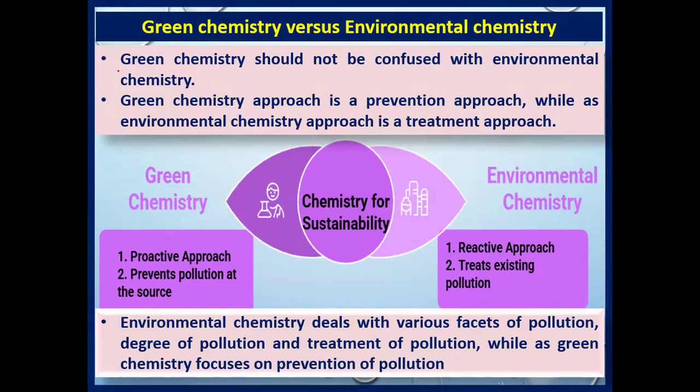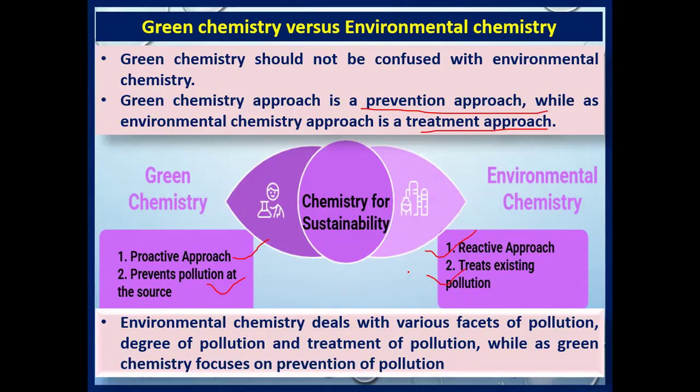Now, often when we are talking about green chemistry, we confuse it with environmental chemistry. Green chemistry and environmental chemistry are different things. Basically, the green chemistry approach is a preventive approach, whereas the environmental chemistry approach is a treatment approach. That means green chemistry is the proactive approach which prevents pollution at the source itself, while environmental chemistry is the reactive approach which treats existing pollution.